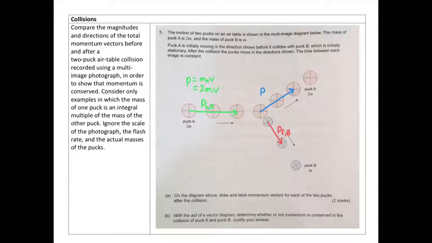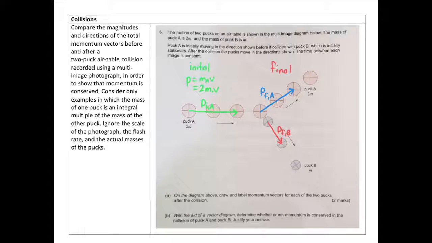So this is the final momentum of puck A. The initial momentum of puck B was 0, so we can't really draw that vector. So if you like, on this side we've got our initial momentum. Over on this side we have the final scenario.